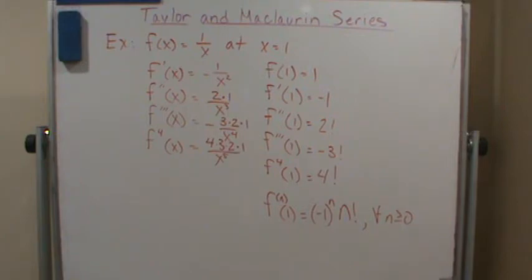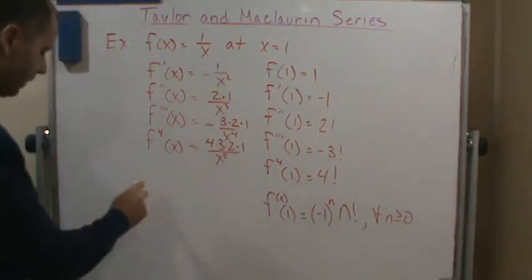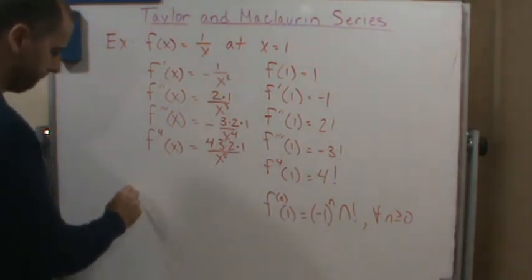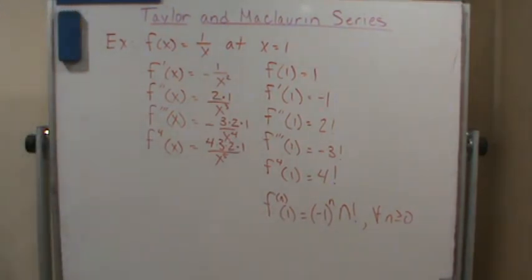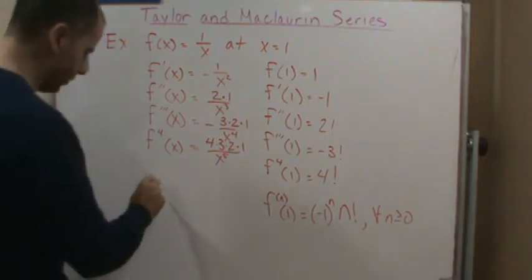And so now we can write the Taylor series for f at x equals 1 given by this series. I'll just write it with sigma notation.